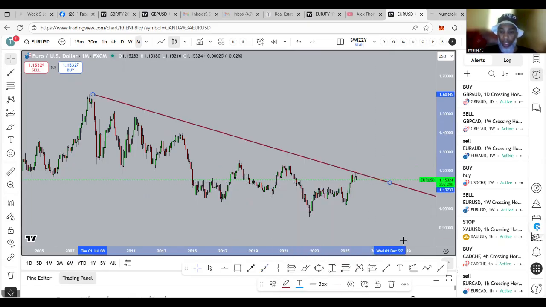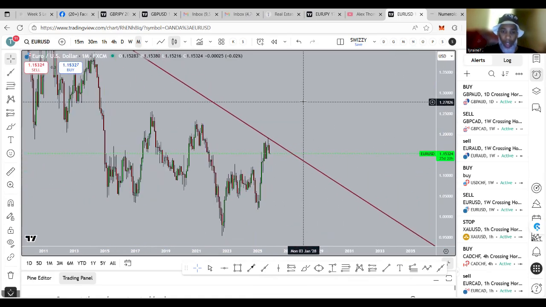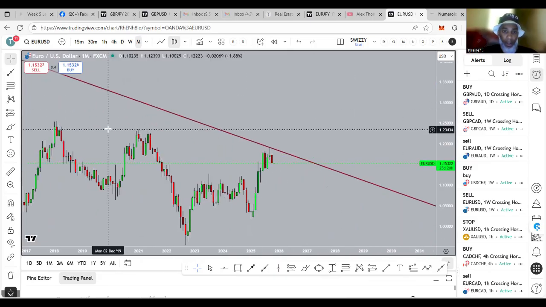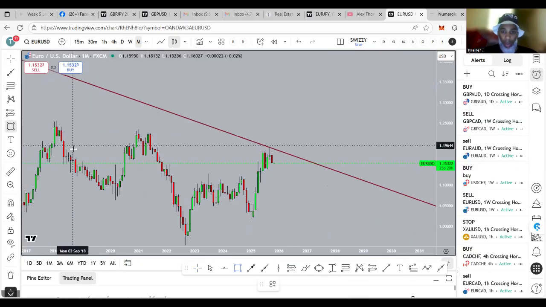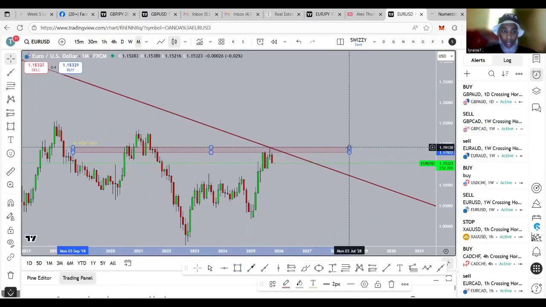Make it red, and if you make it a little bigger, you can see that we actually have a zone here as well. And this is what we're looking at.